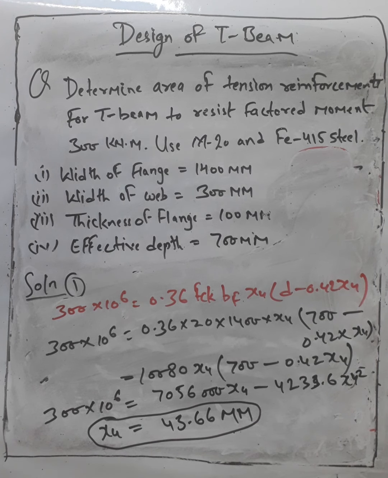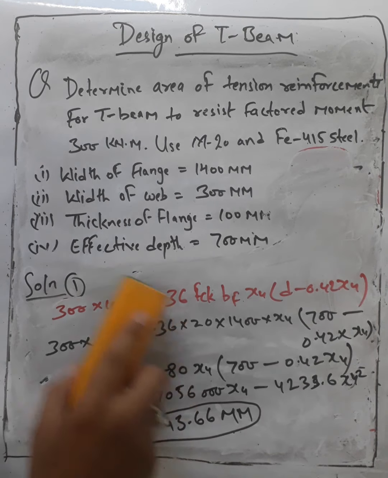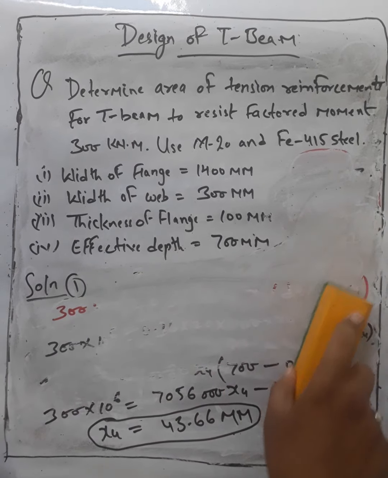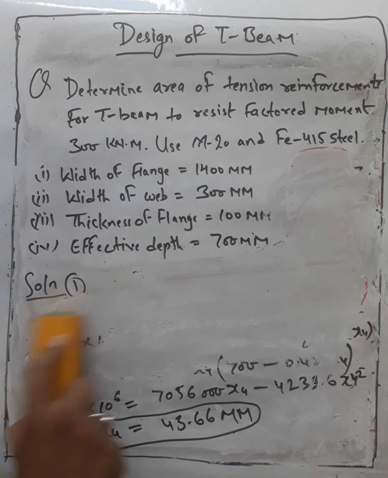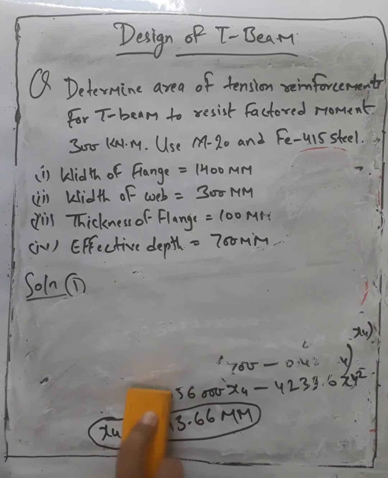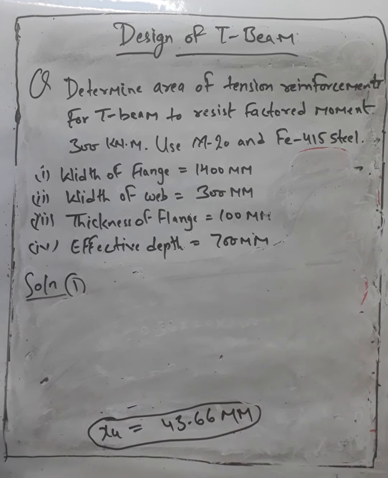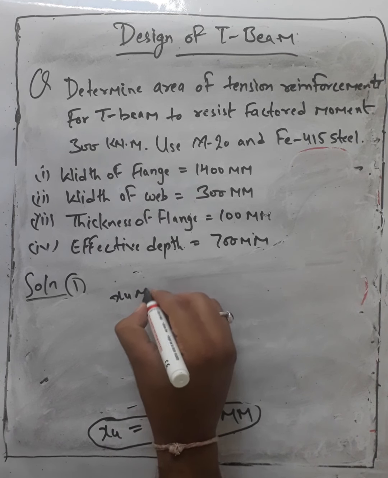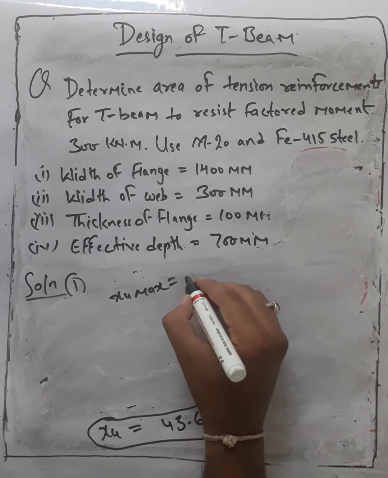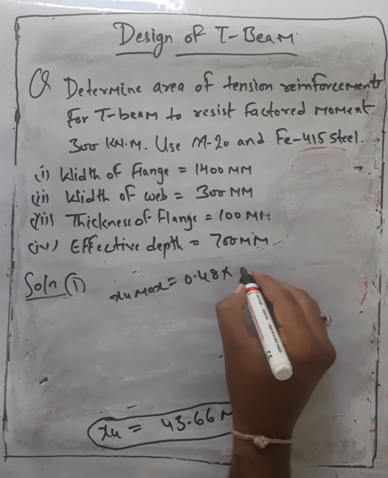After finding the value of xu, you have to find which section you have to design: balanced section, under reinforced section or over reinforced section. For that, fy value is given as 415, and you know that for fy value of 415, xu max is equal to 0.48 into d.